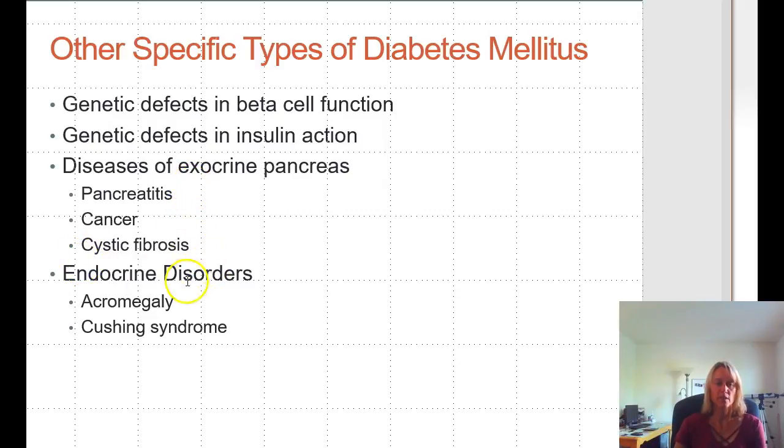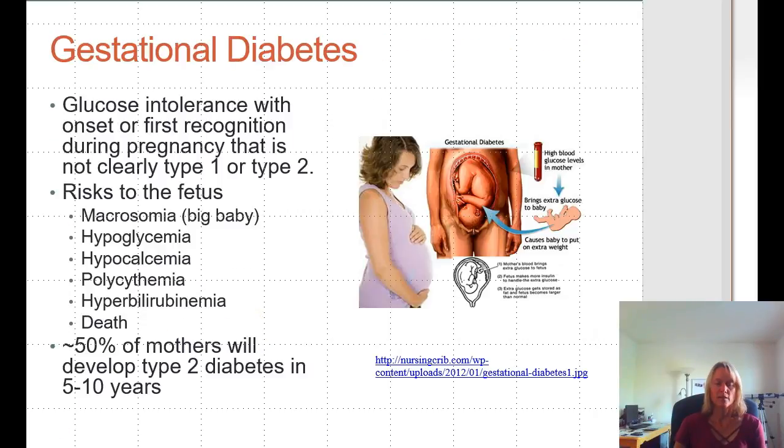Endocrine disorders like acromegaly, remember, caused by growth hormone hypersecretion, can lead to high blood glucose levels, as can Cushing's syndrome. We also have gestational diabetes, where we have glucose intolerance with the onset or first recognition during pregnancy. That's not clearly type 1 or type 2.